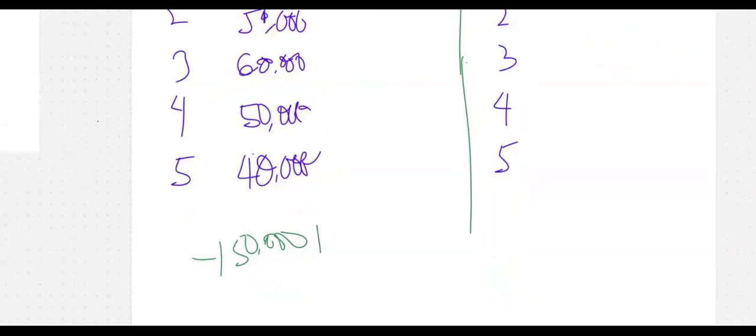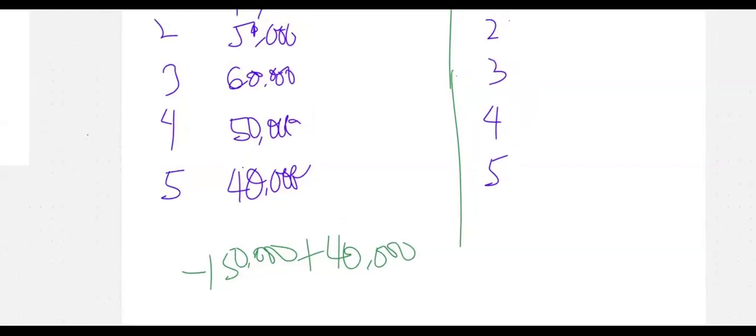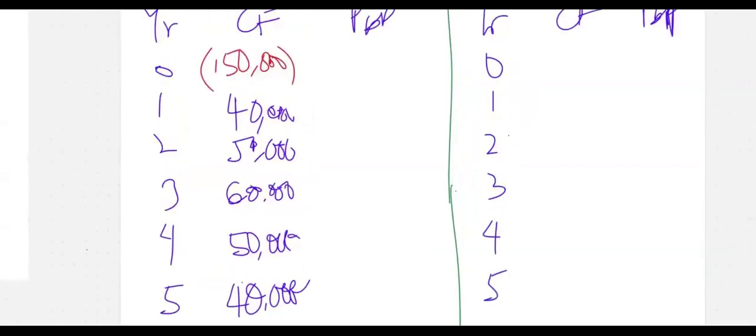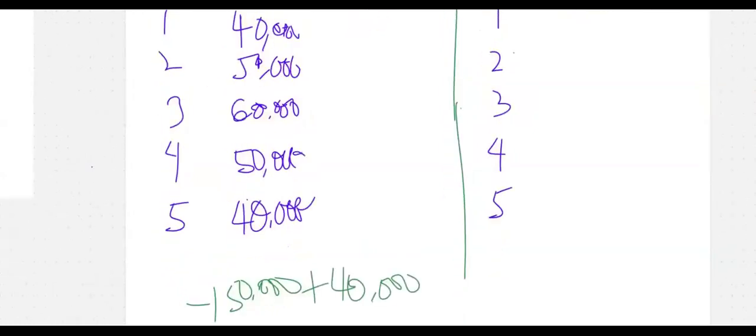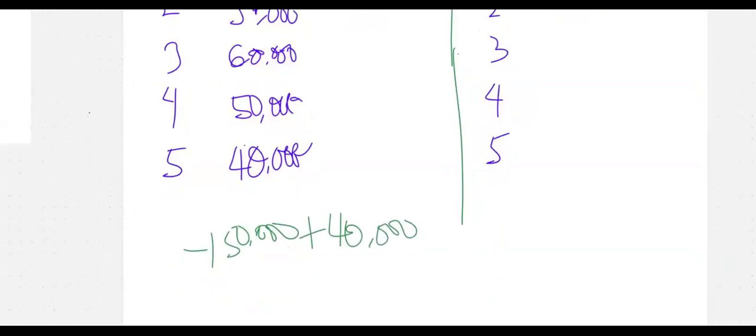So this is how you're going to do it on your calculator. Negative 150,000 plus 40,000. How much do we have? So compute on your calculator as I've done it. How much do we have? Come again? 110. 110,000. That is wrong. Compute it well. Compute it as I have done it here.